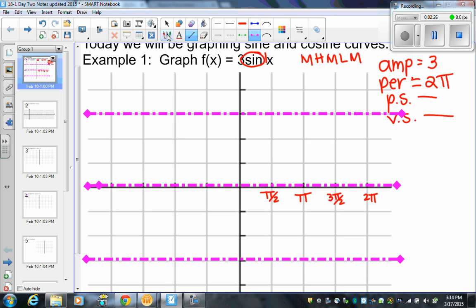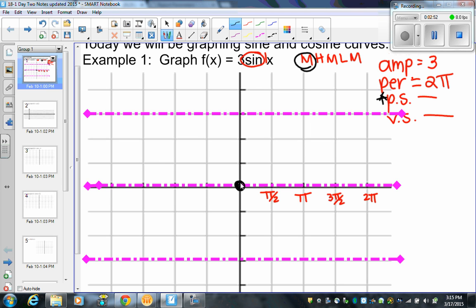So to sketch this graph, we're going to start with the first middle point. We're going to place it at x equals 0 unless there's a phase shift. Since I don't have a phase shift, I'm going to start on the midline when x equals 0. So my first point for the sine graph would go at the origin.